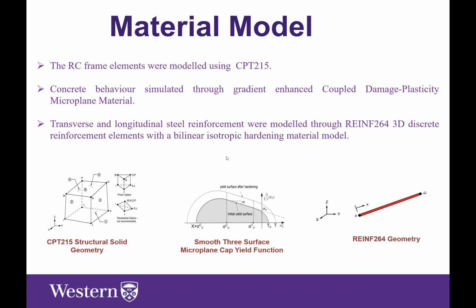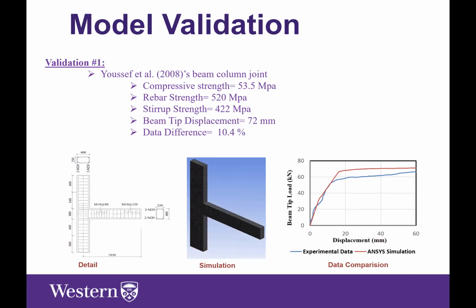Now we went on to validate our model. To validate it, we chose experimental data from Yusuf et al. Dr. Yusuf is actually my supervisor at Western. We had only a 10% difference between his experimental data and our ANSYS simulation.